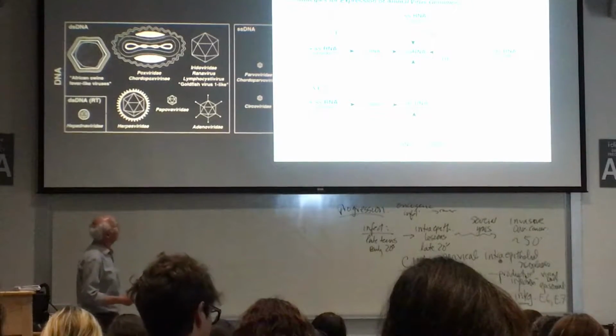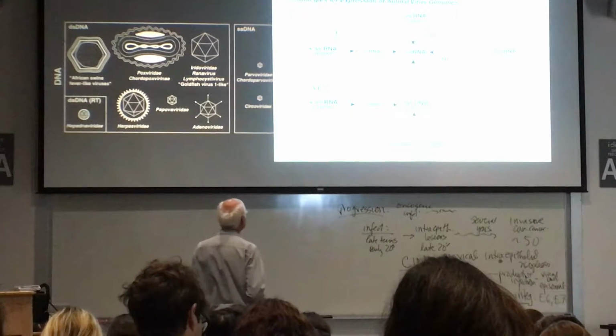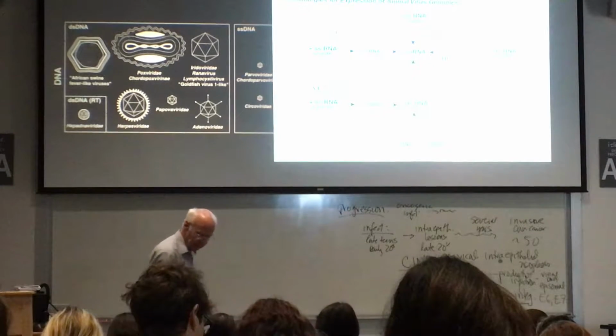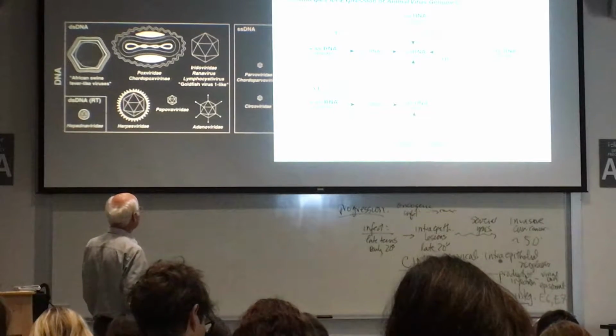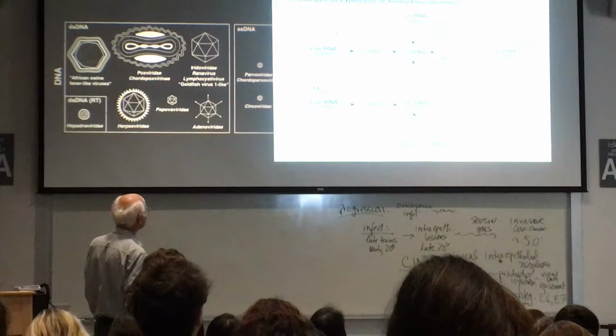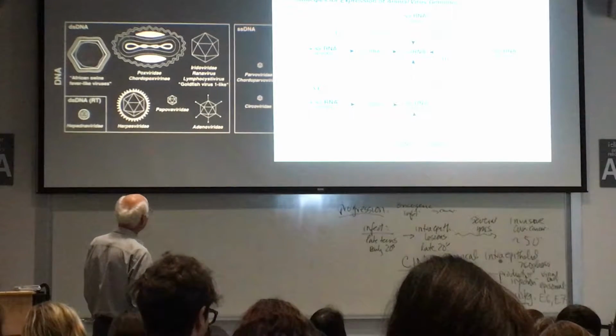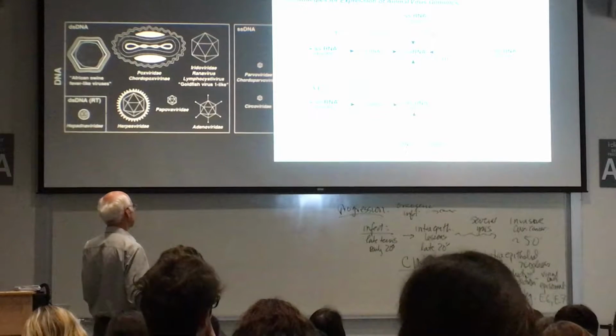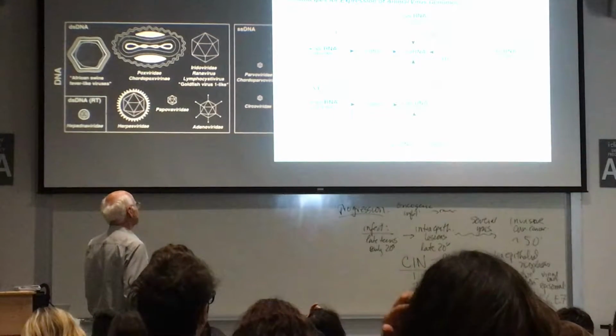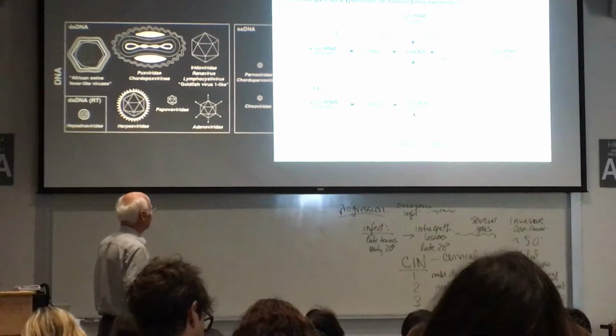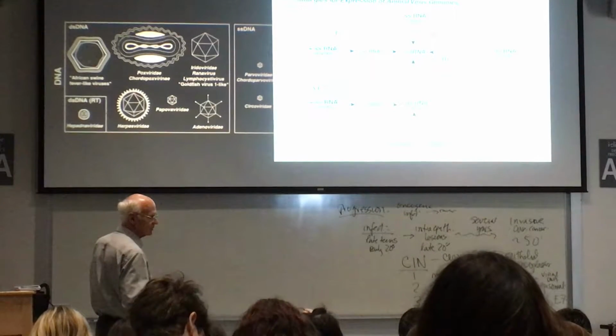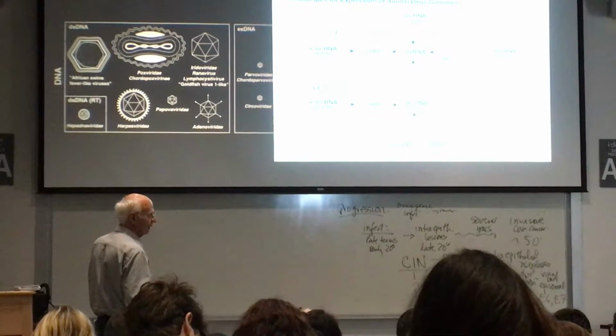Okay, so the next family then that we're going to consider, and it's a little bit out of order from the syllabus I gave you. We're taking reovirus next, and then the retroviruses will be after reovirus. So reovirus is unique in that the genome is double-stranded RNA.